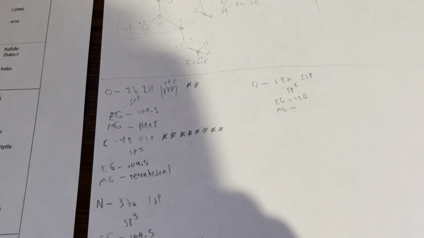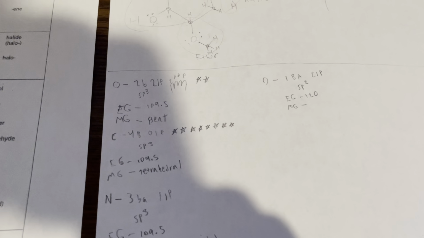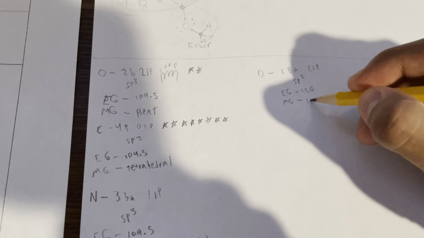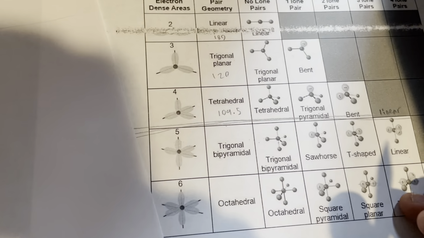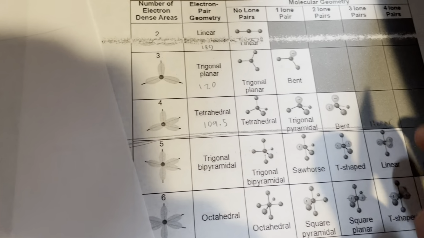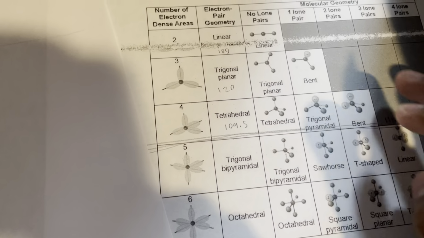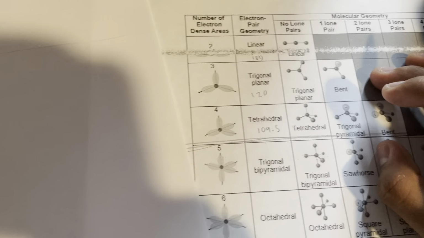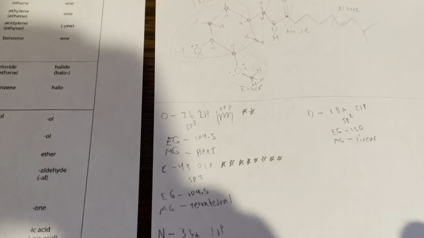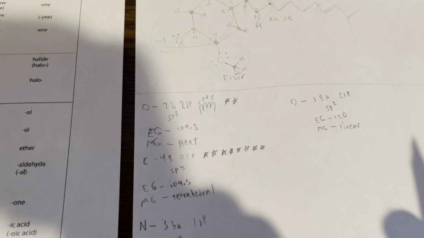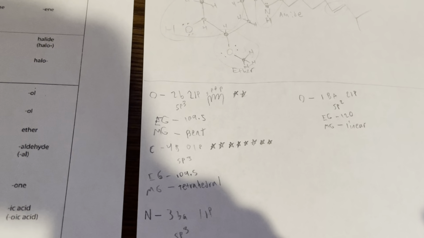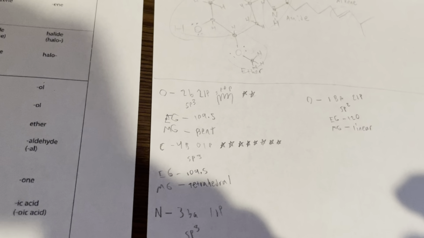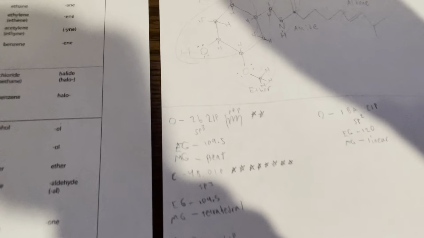Oh wait, I think it's going to be linear. Yeah, it's going to be linear, I believe. It's not in the sheet over here, but I remember you said that everything ends with linear. So since there's nothing here, I believe it's also linear, because I got 2 lone pairs for this one because it's oxygen. That one makes more sense to me. So there's that one right there.